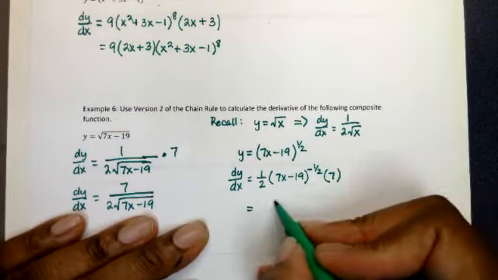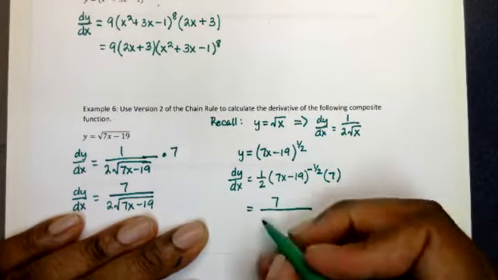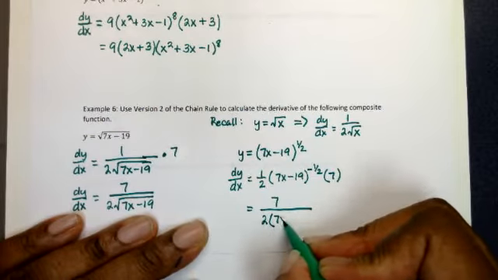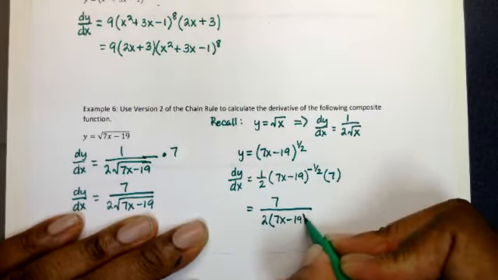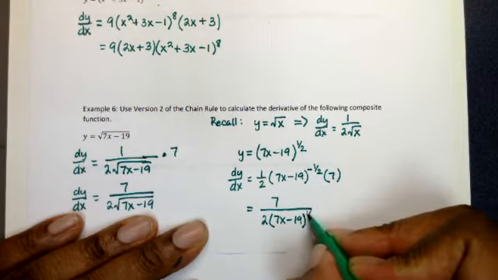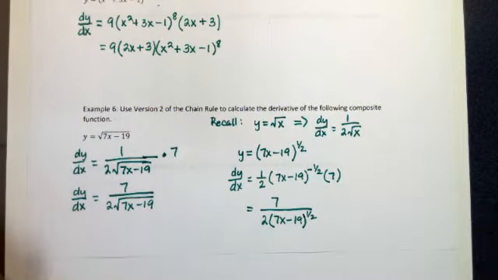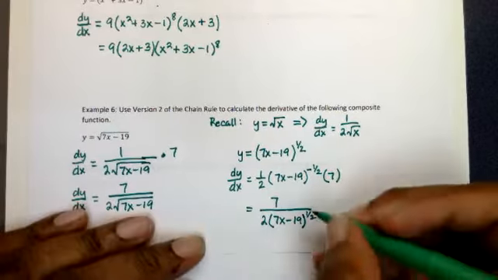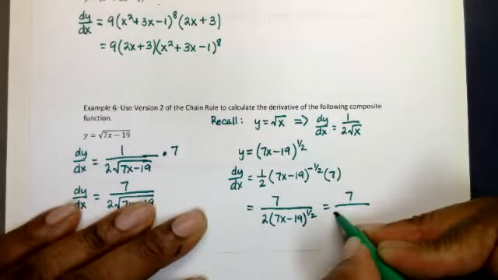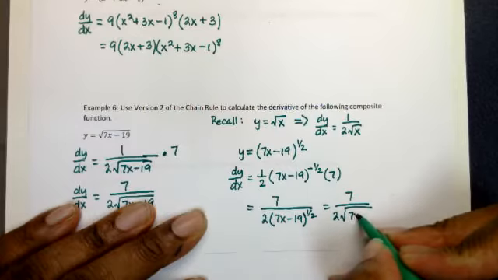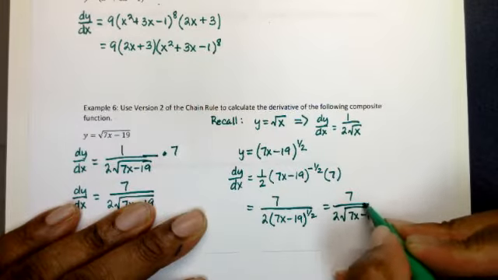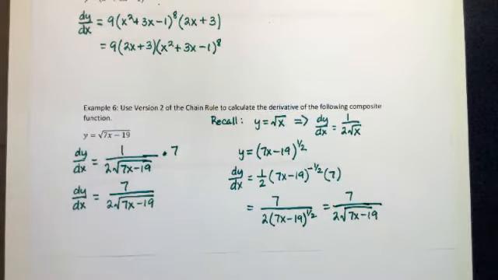Now, if I simplify this a bit, the 7 goes in the numerator, the 2 goes in the denominator, and the 7x minus 19 will go in the denominator as an expression to the positive 1/2 power. And then I can write it back as a square root. So it'll be 7 over 2 square root of 7x minus 19.